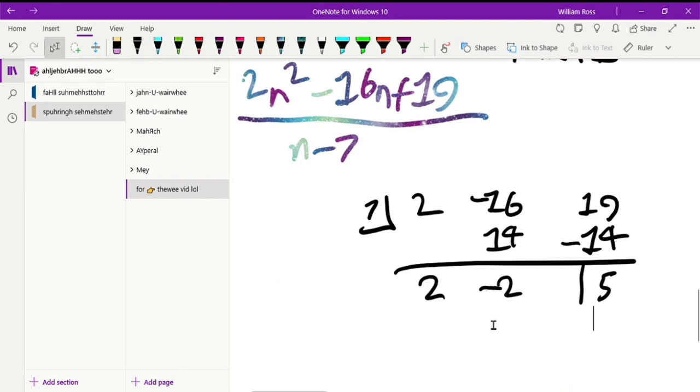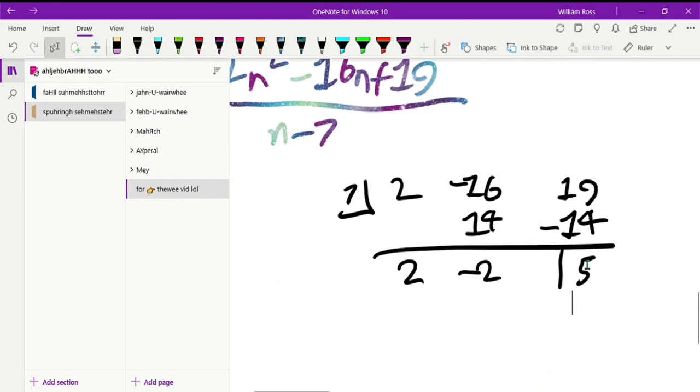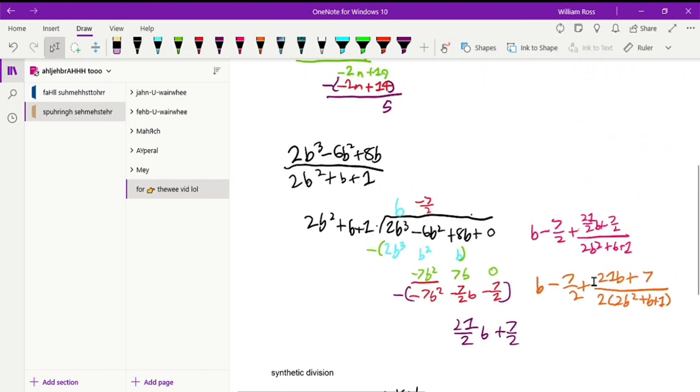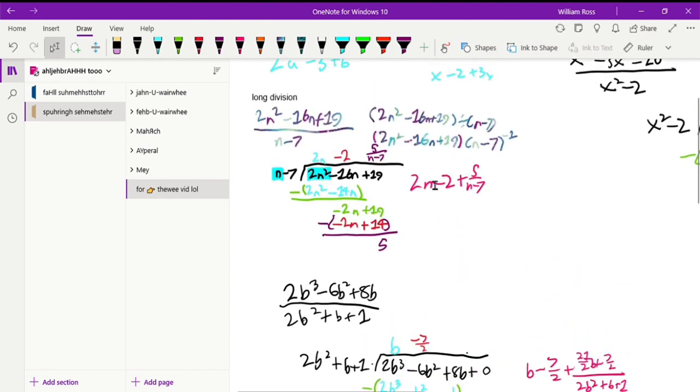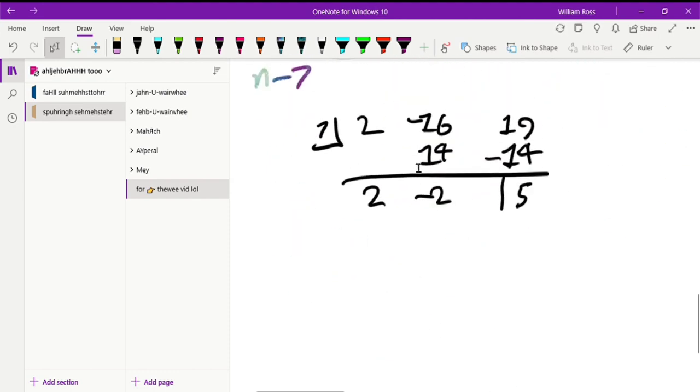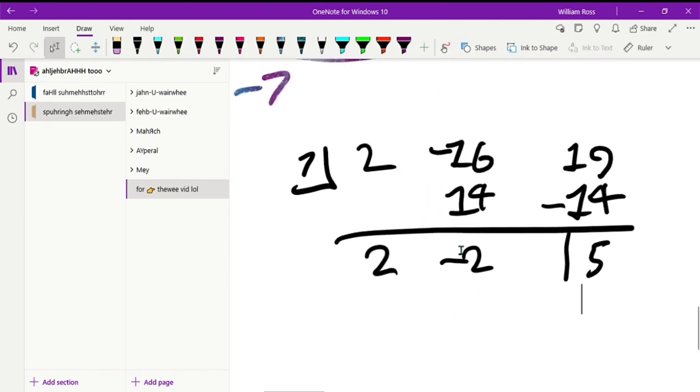And what you're going to do next, first off, this is the remainder, just like what we got here. And as you notice, it goes from right to left: number, then variable to the second, then variable cubed, and so forth.